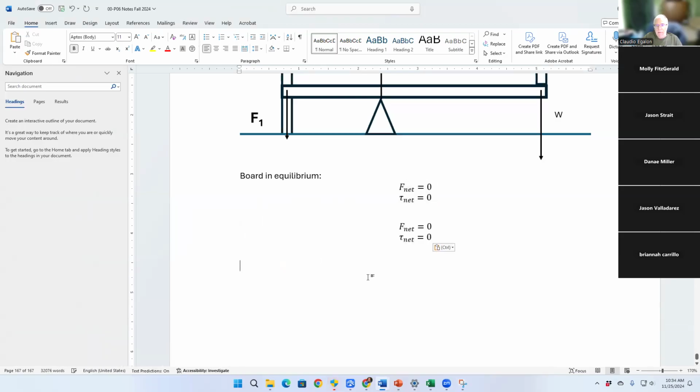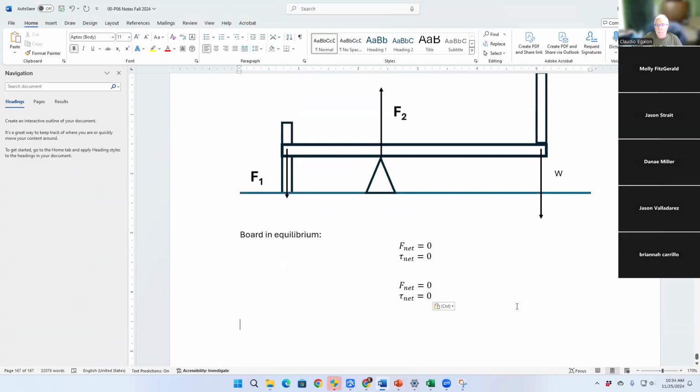Okay, so here goes net force. So we can write down F net is going to be what?